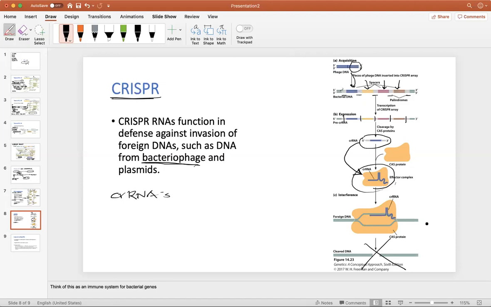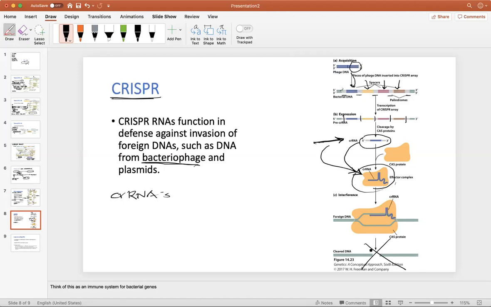Now, you have probably heard about CRISPR as it pertains to gene therapy. What we have been able to figure out is that we can engineer different sequences. Okay, we can make up CRISPR RNA that corresponds to a particular gene that we want to edit. We can then tuck that RNA into a CRISPR-associated protein.